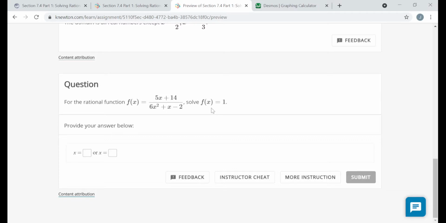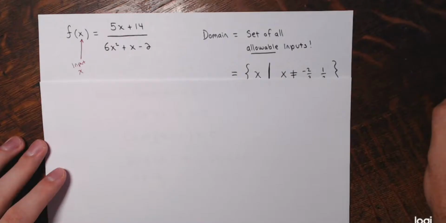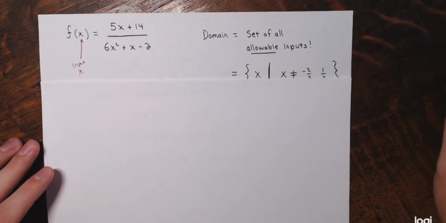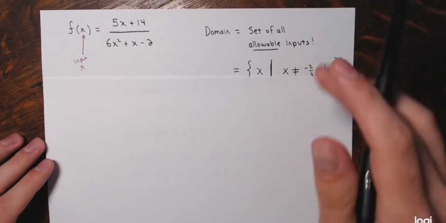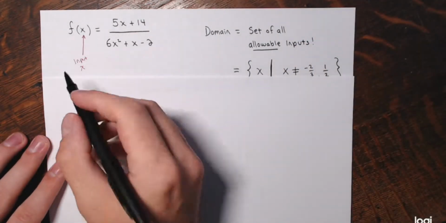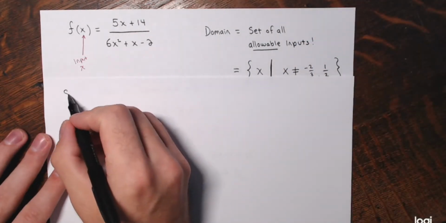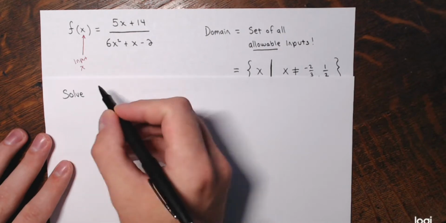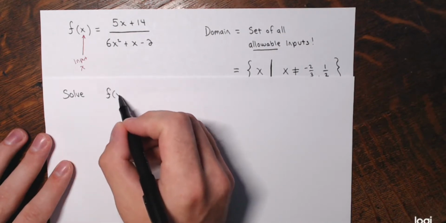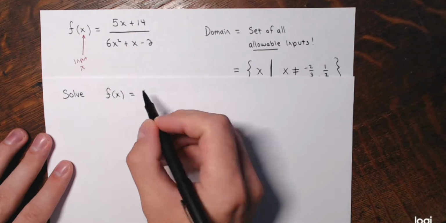So we're trying to find values of the input that would give me an output of 1. Right? So write this out. Alright, so same function. Now we're asked to solve f of x equals 1.